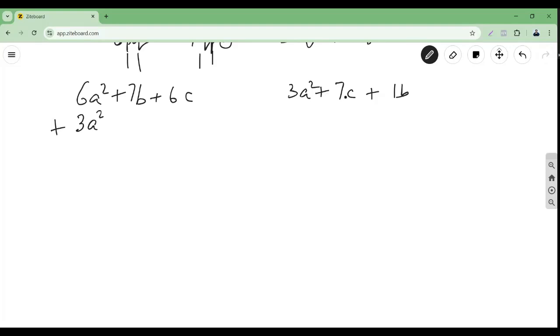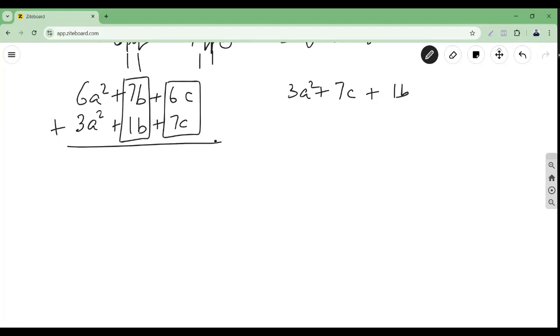And 7c and 3c only can get added because they are of the same category. 1b here, so B and B is of the same category. So my addition answer will be 13c because 6c and 7c are like terms and can be added. Here again, 7b and 1b are the same term, I'm going to add them. And 6a square and 3a square are the same type, so it becomes 9a square.